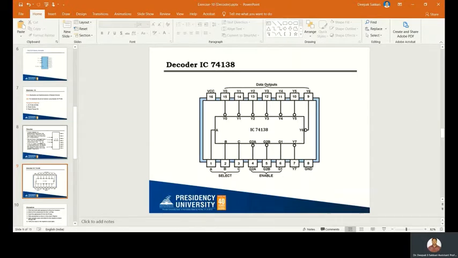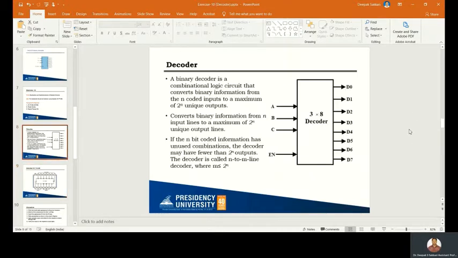Okay. So coming to the decoder, a binary decoder is a combinational logic circuit that converts binary information from n coded inputs to a maximum of 2 to the power of n unique outputs. If the n bit coded information has unused combinations, the decoder may have fewer than 2 to the power of n outputs.